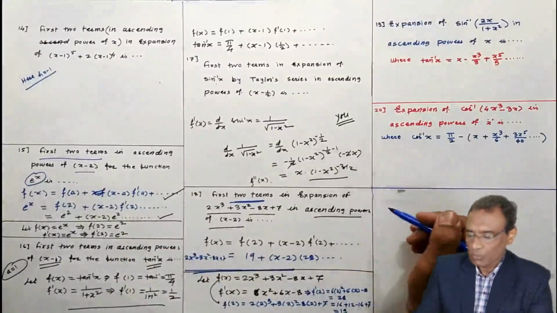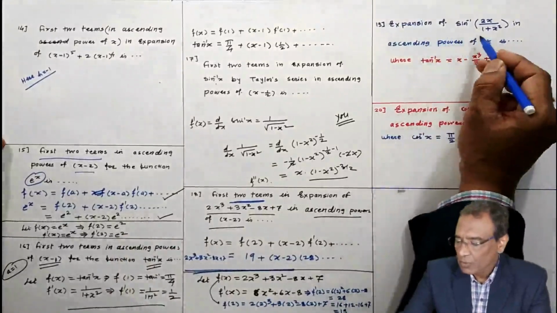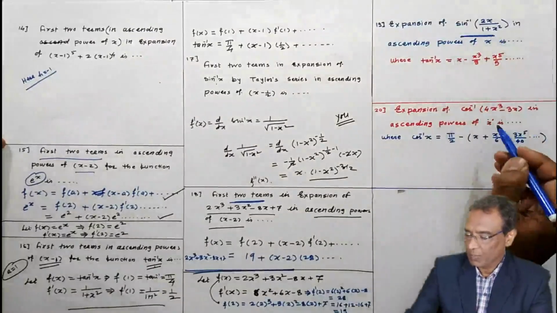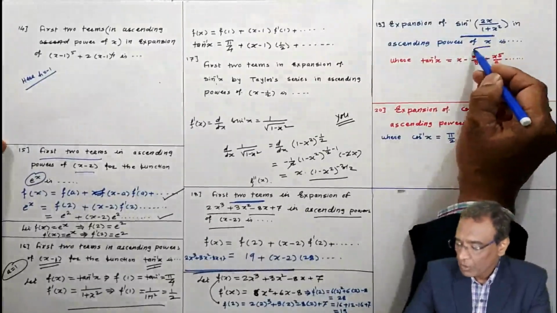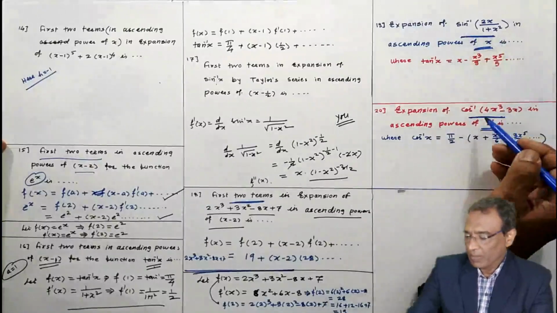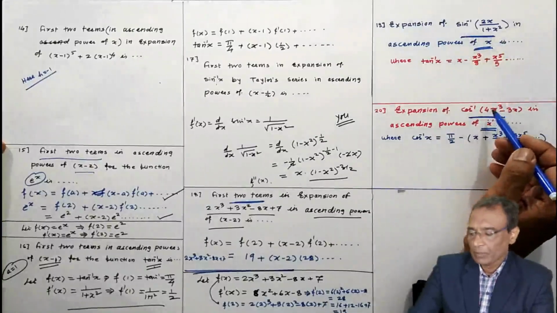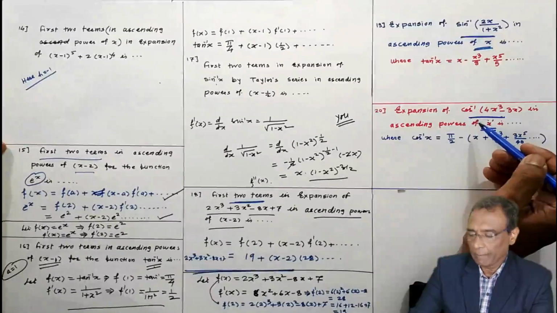Now, last two problems very quickly. Just only I am going to give the hint. Expansion of sine inverse function. Expansion of cos inverse function, in ascending powers of x. When inverse trigonometric functions are present, the higher order derivative will be very much difficult.